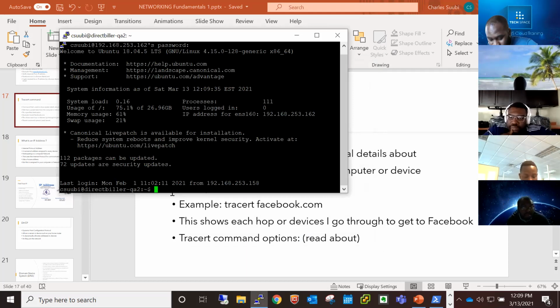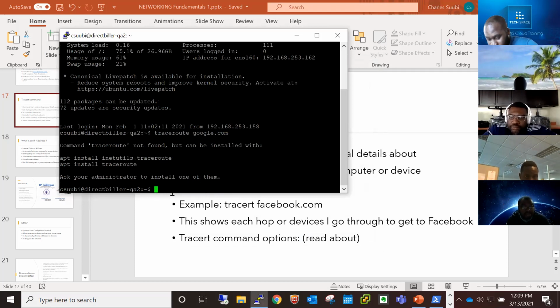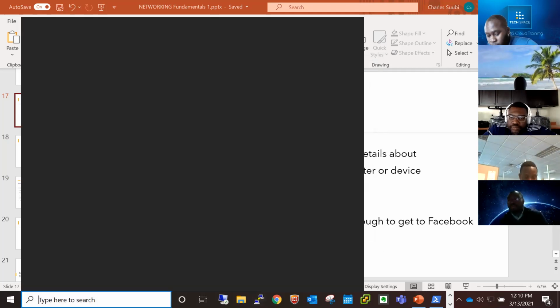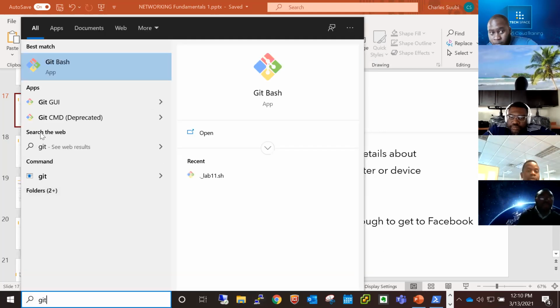All right, I need to install that on my Unix machines. I won't do that because we don't have time for that right now. Let me see if I do have it installed in my Git Bash.